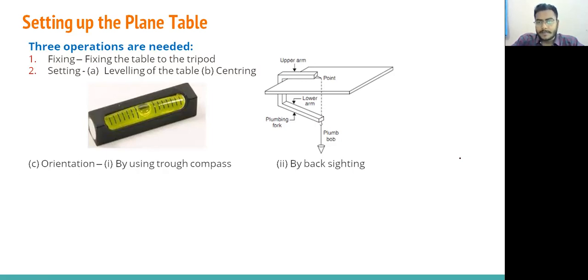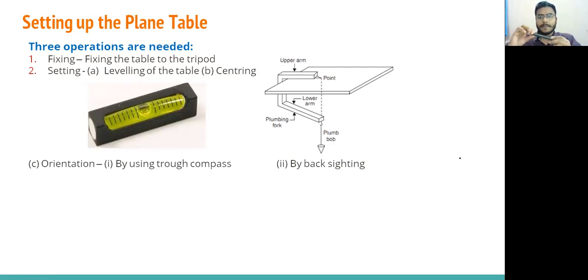Third one is orientation. Orientation means you have to keep the plane table in a particular direction. In the beginning I said that the plane table will freely rotate along the vertical axis, like this.